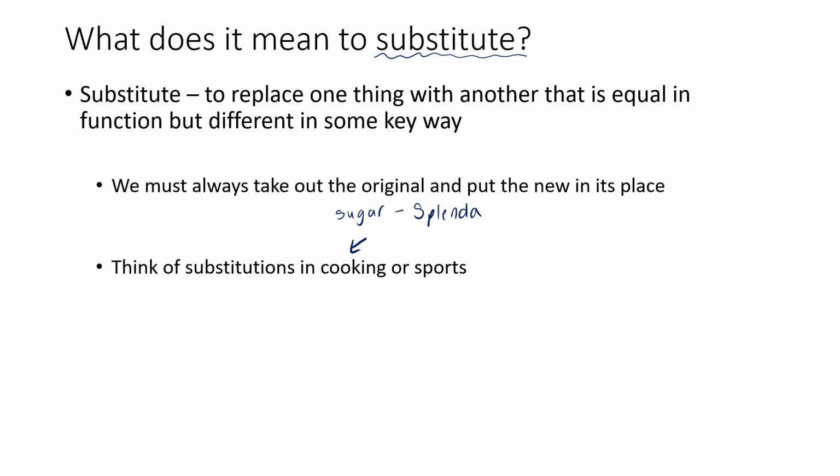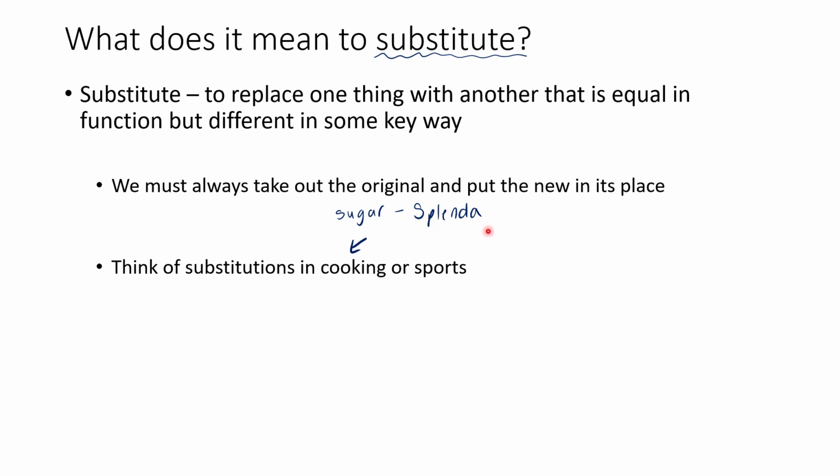Those have essentially the same function, equal in function. They are sweetening the pie, but they are different in some key way, meaning one of those would have made my dad's blood sugar spike, and the other one not as much. And so you're making that substitution.